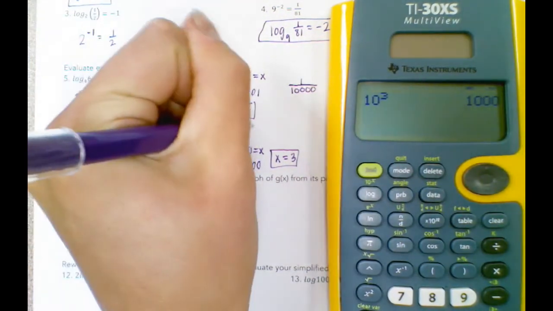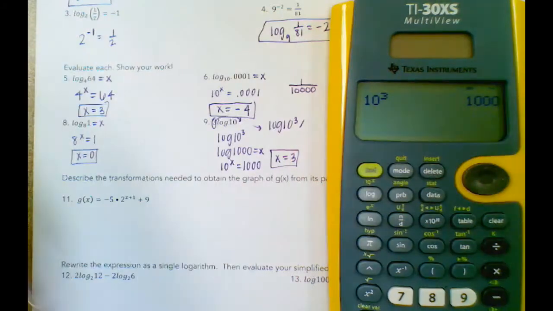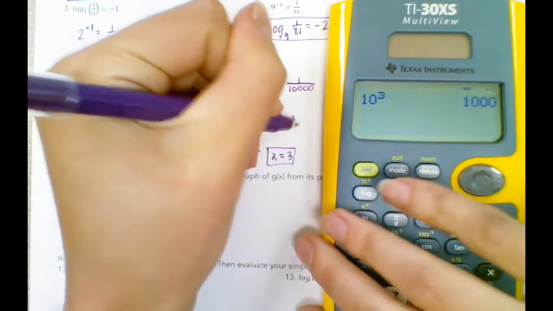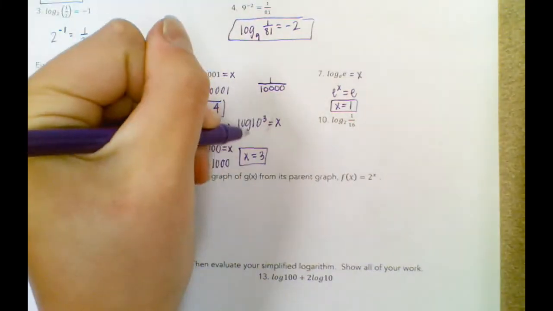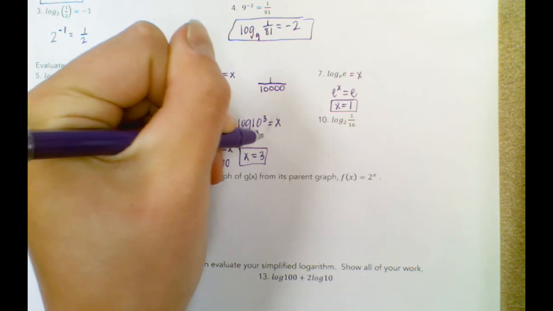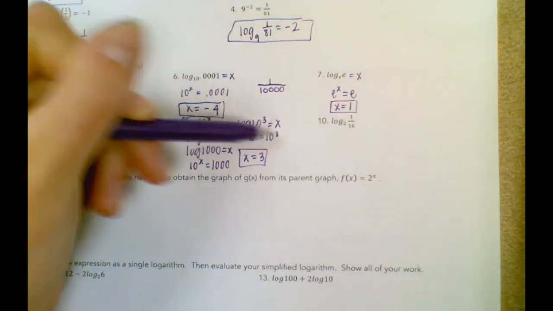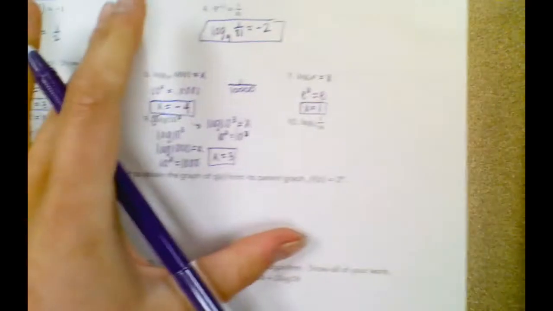So, okay, because this is log 10 to the third equals x, all you could have done, since you know that's a base 10, you could have said 10 to the x equals 10 to the third. And then notice that because these are the same bases, the exponents equal each other. So that's kind of another way you could have gone about that. I just realized that. Sorry.